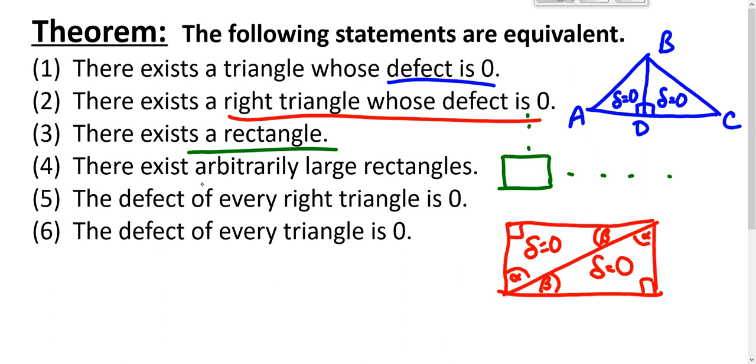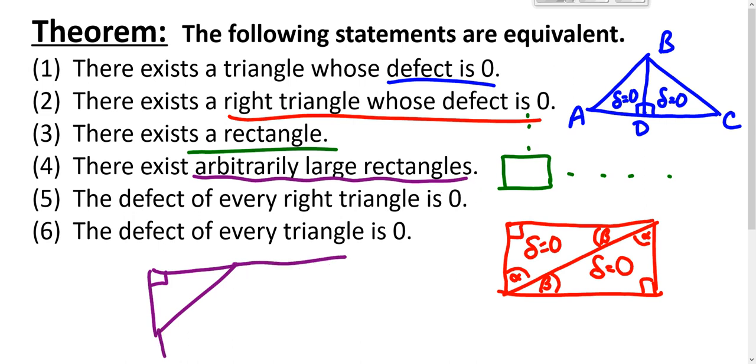Well, once there are arbitrarily large rectangles, how do we show that the defect of every right triangle is 0? Well, we do that by saying, okay, let's imagine that we have a right triangle, any right triangle. We'll show that its defect must be 0. Because there are arbitrarily large rectangles, there is a rectangle whose sides are bigger than the two legs of our right triangle. So we enclose our right triangle, we stick it in a corner of an arbitrarily large rectangle.